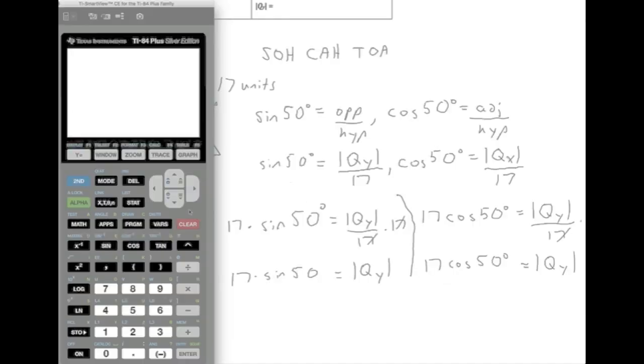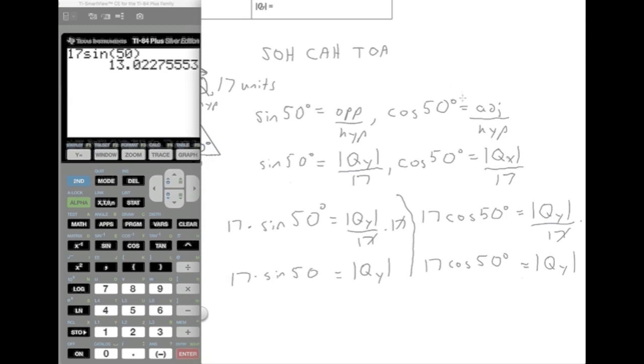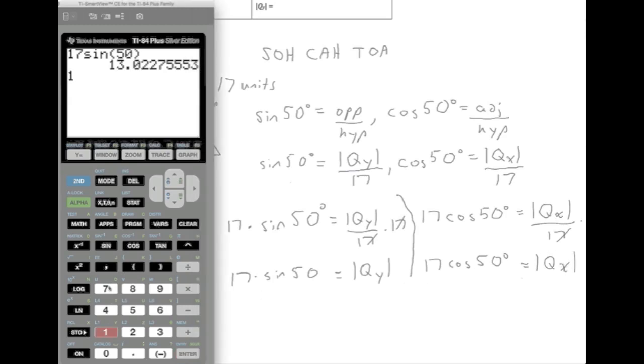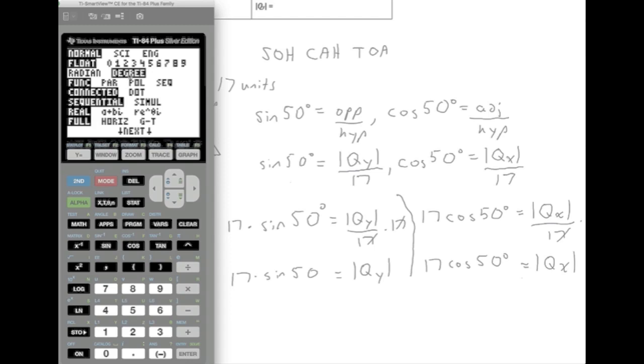Now we can use our calculator. So the magnitude of qy will be 17 sine 50. And, oops, looks like I got careless here. This was supposed to be qx. The magnitude of qx should be 17 cosine 50. You want to check to make sure you're in degrees mode.